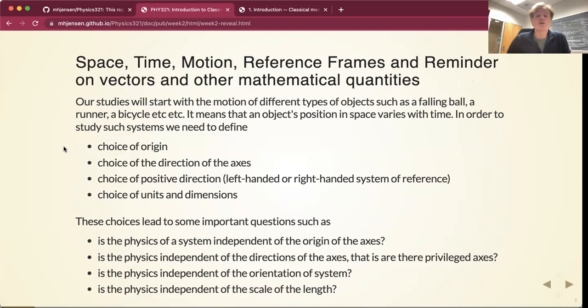We are going to choose the direction of the axes. We may choose the positive direction, whether this is a left-handed or right-handed system of reference. We may choose units and dimensions. We are coming back to these quantities. These are important topics when we are setting up a physics problem.